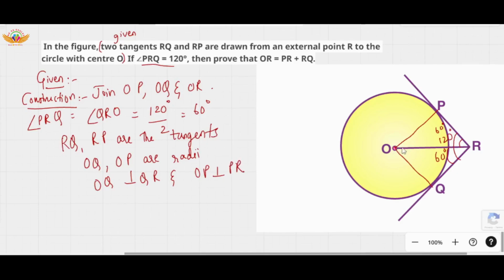So from this right angle triangle, I am taking triangle OPR.